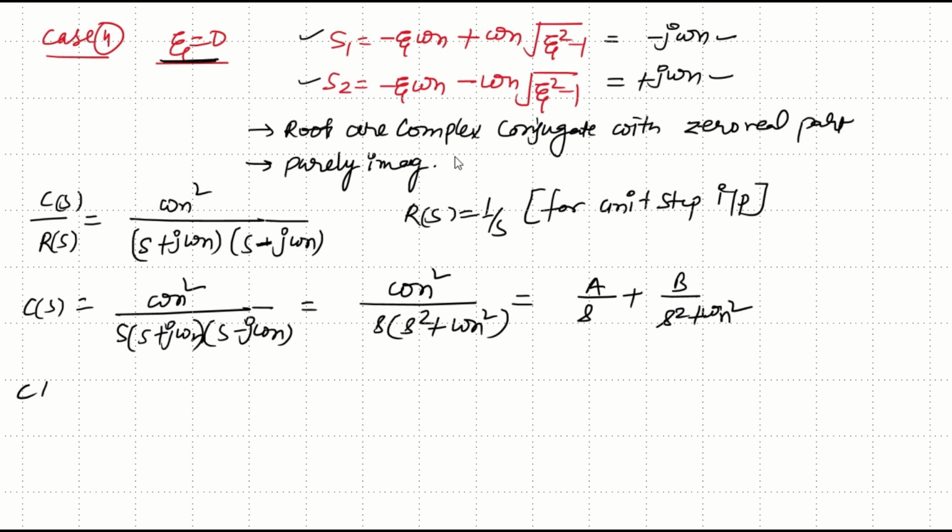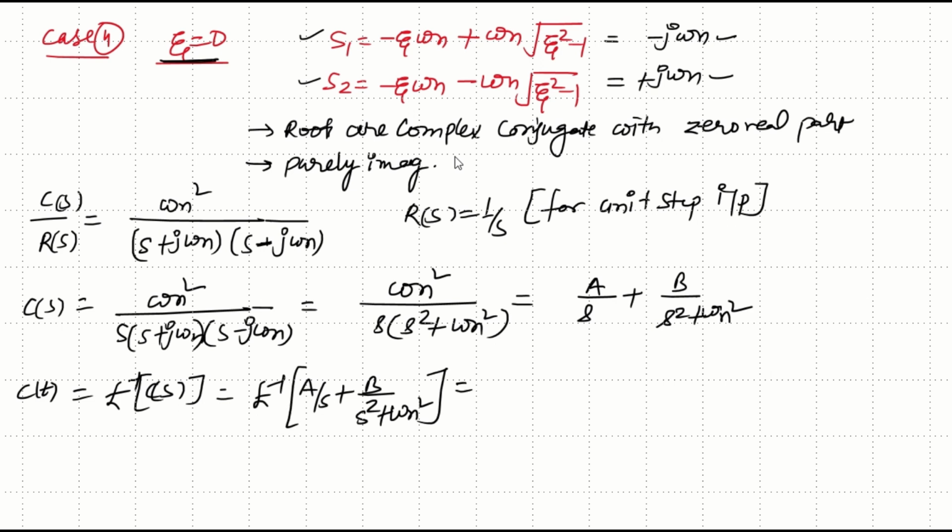So the value of c(t) is the inverse Laplace of C(s), that is, the inverse Laplace of a/s plus b/(s square plus omega n square). The inverse Laplace of a/s is a, plus the inverse Laplace of the term with s square plus a square, which is a sinusoidal term, sine omega n t.